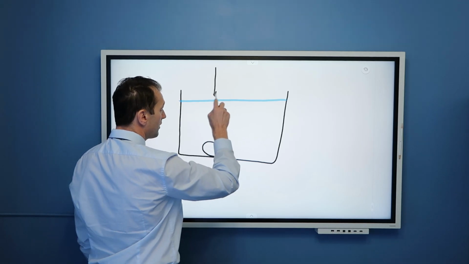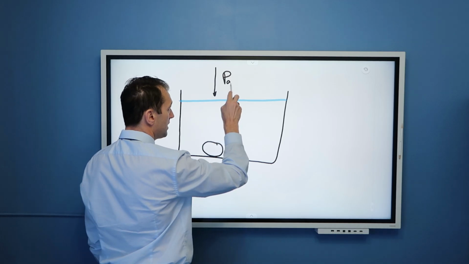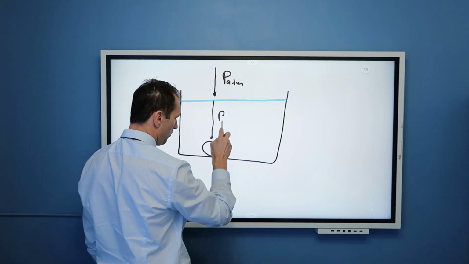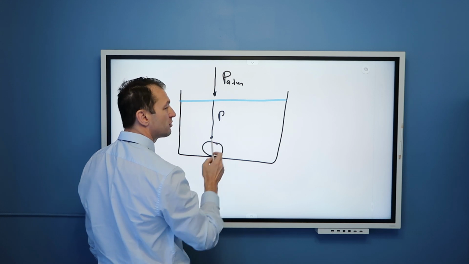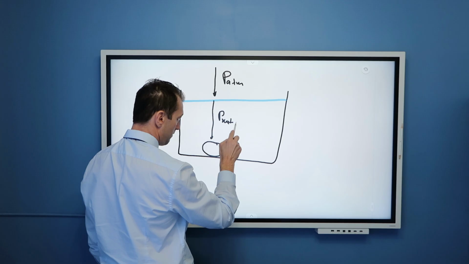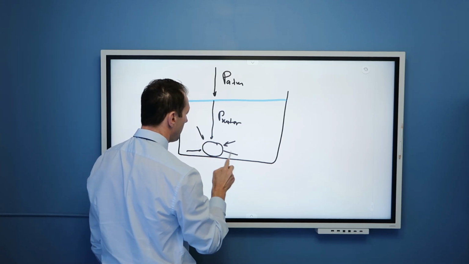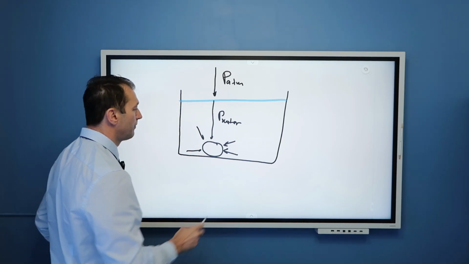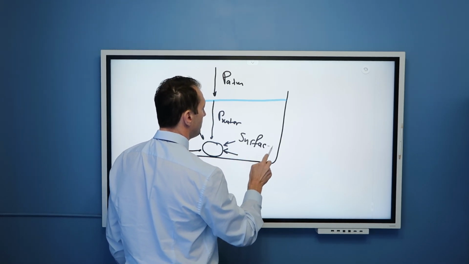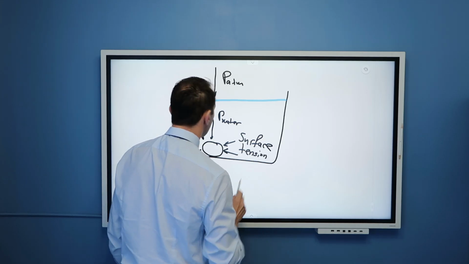Well, here we have atmospheric pressure, let's call it P atmosphere. Here we also have what we call hydrostatic pressure of water, P water. And there is also a surface tension pressure of water trying to crush the bubble, which I discussed in one of the previous videos, surface tension.